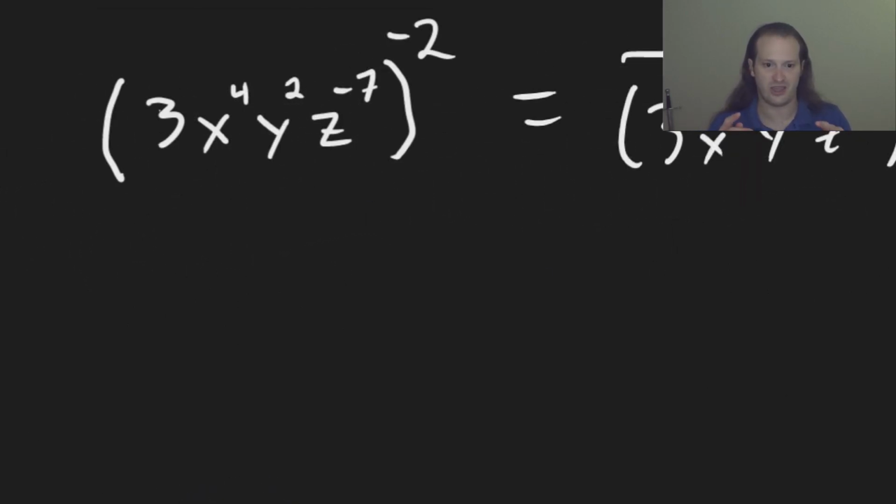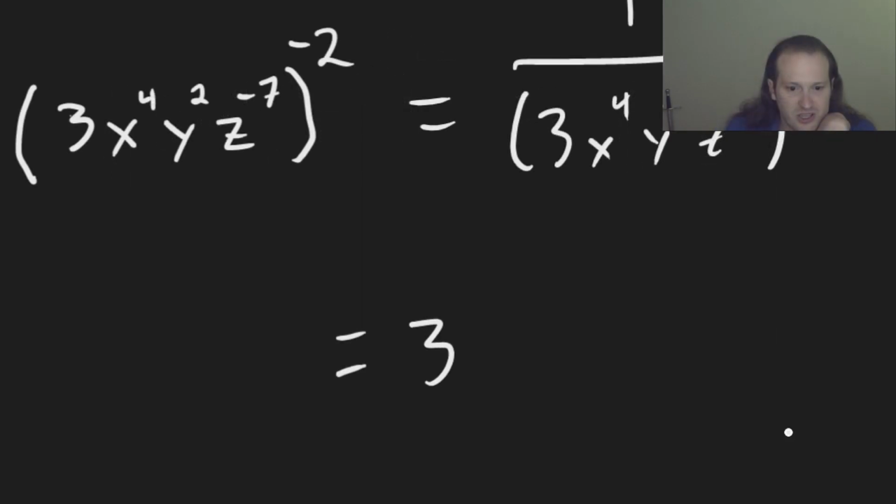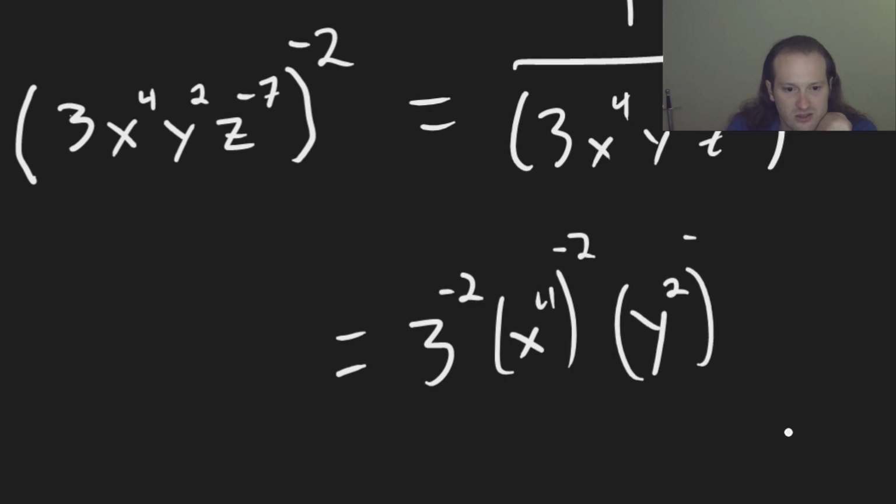A different way we can do power of a product first. I think that's what I would do. 3 to the negative 2nd, x to the 4 to the negative 2nd, y squared to the negative 2nd, and then z to the negative 7th to the negative 2nd.